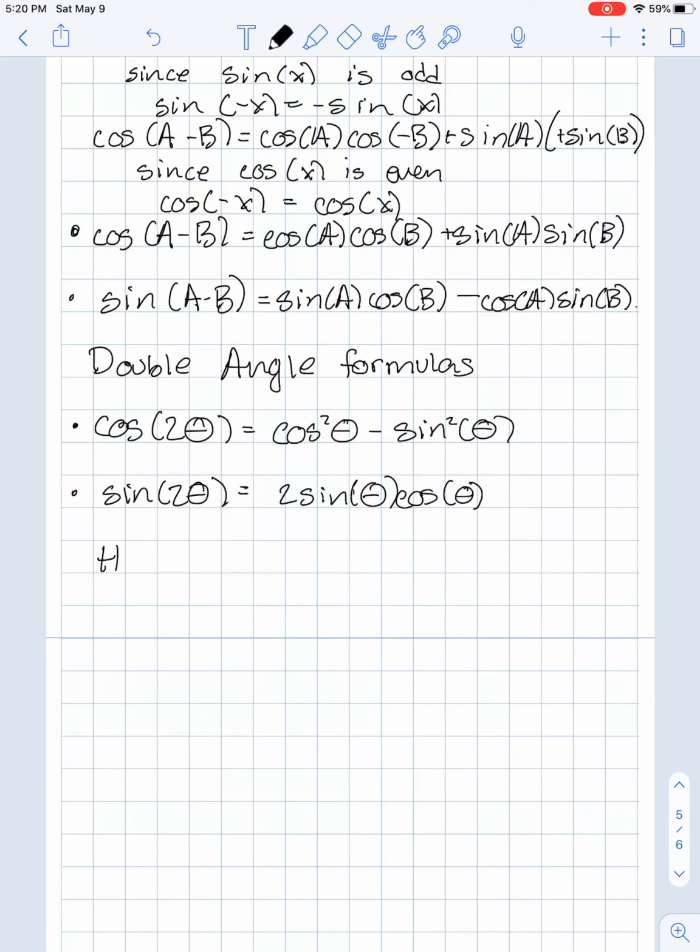Well, what if I don't want to double my angle? I actually want to take half of it. We have the half angle formulas.